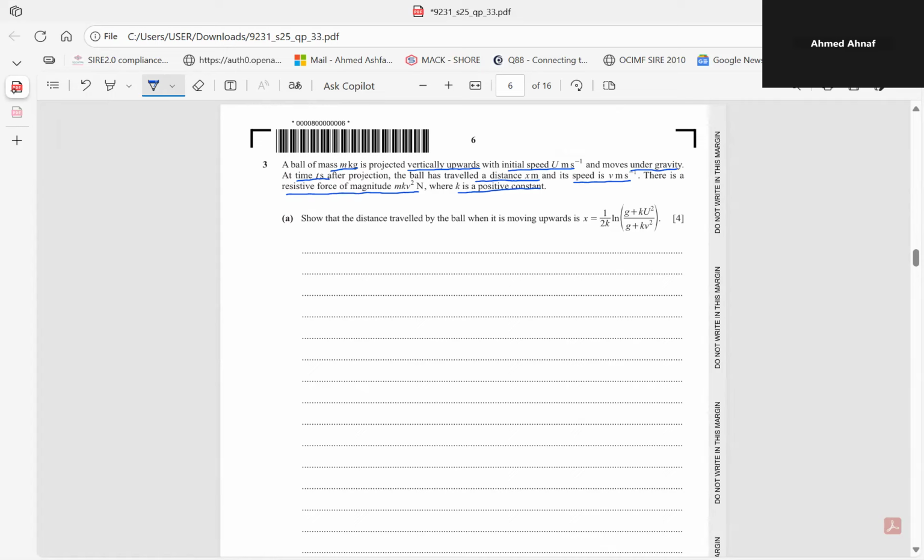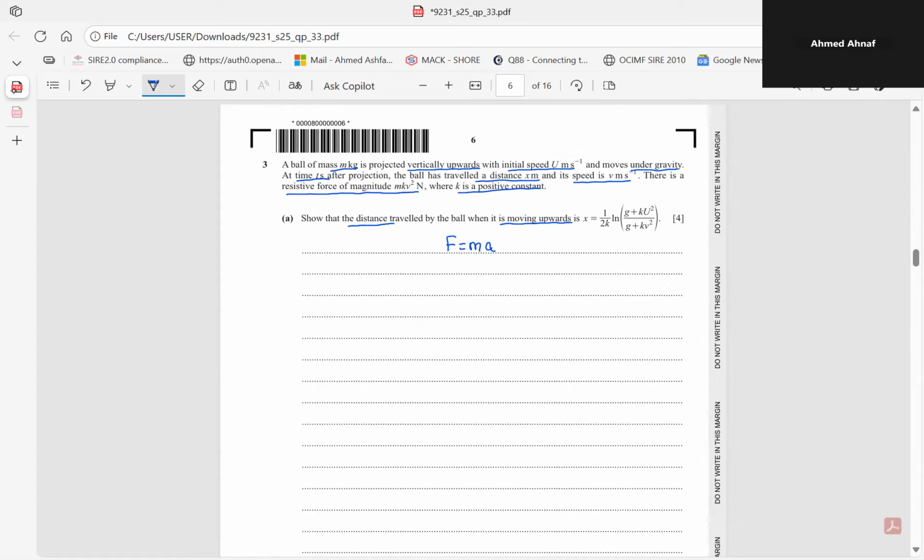All right, so for the first part, we have to show that the distance traveled by the ball when it's moving upwards is x equals to this. Okay, so in order to do this, we're first going to write down Newton's second law, F equals ma.